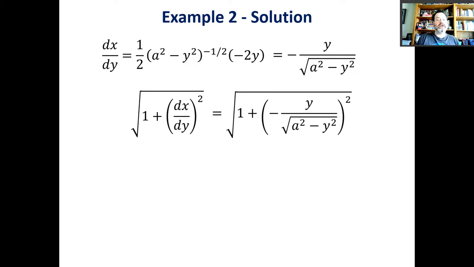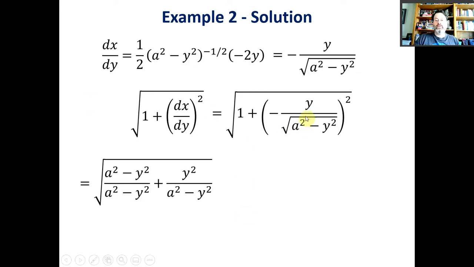And the next step, we're going to need a common denominator. So do this part first. The negative goes away. Here you get a y squared. This whole thing squares out. We're going to need that common denominator. So we have a squared minus y squared plus y squared. So the y squareds go away.